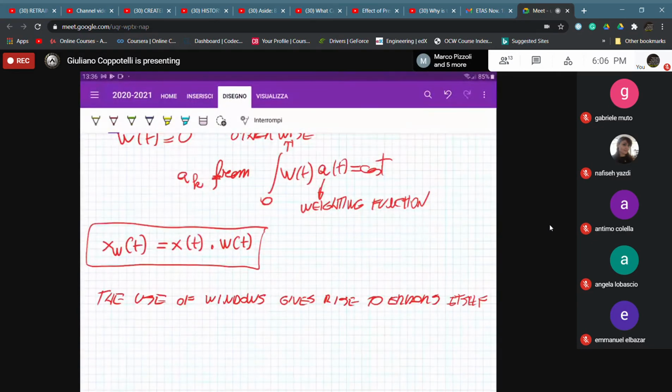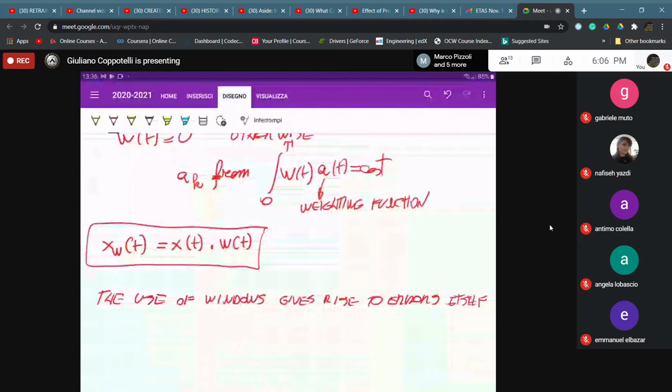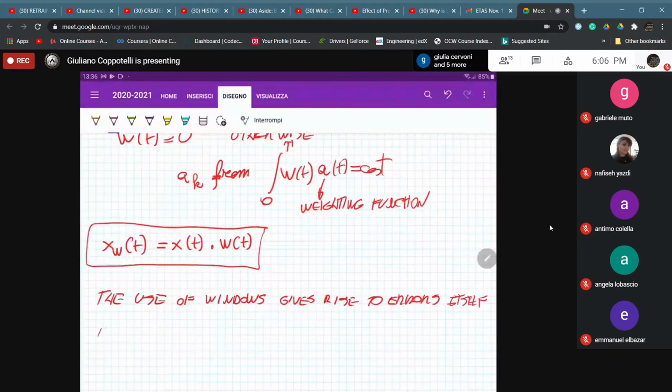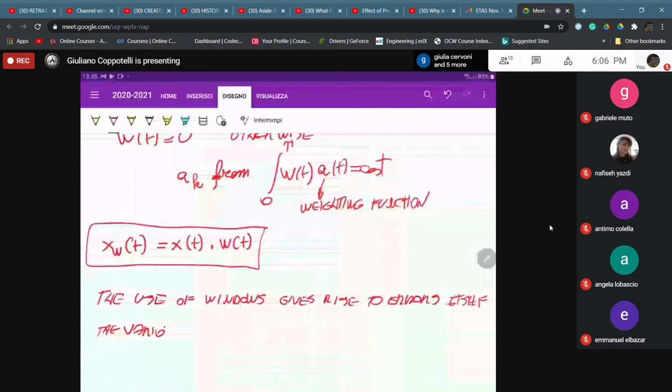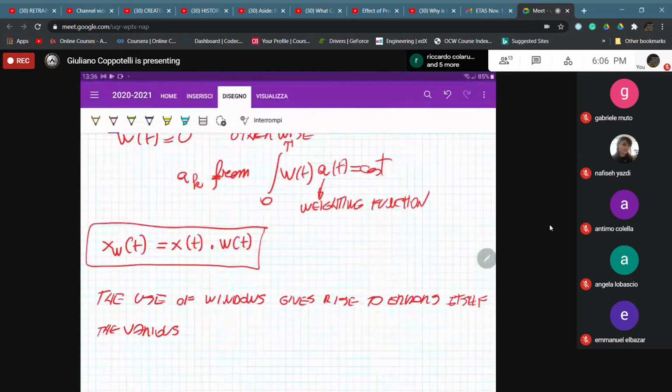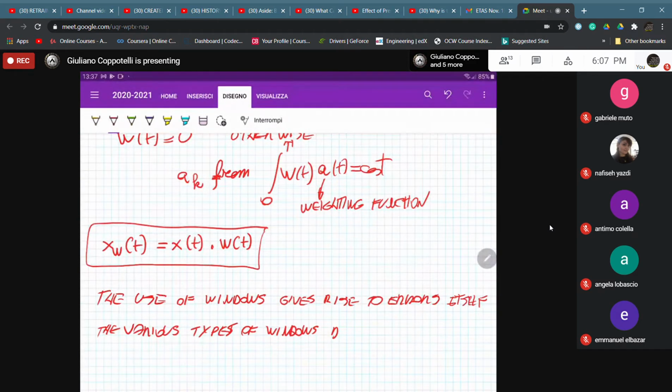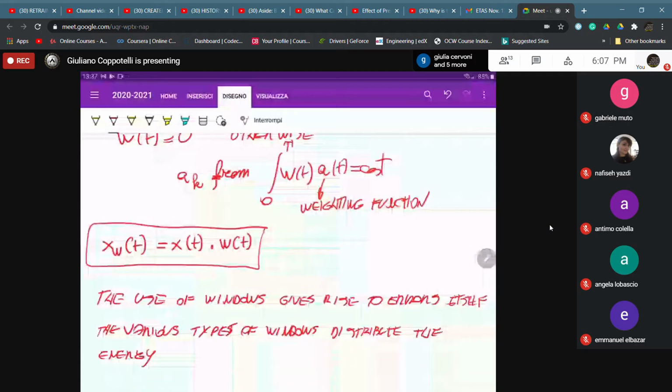Okay, and therefore the various types of window distribute your energy or information, that's the same, in different ways.